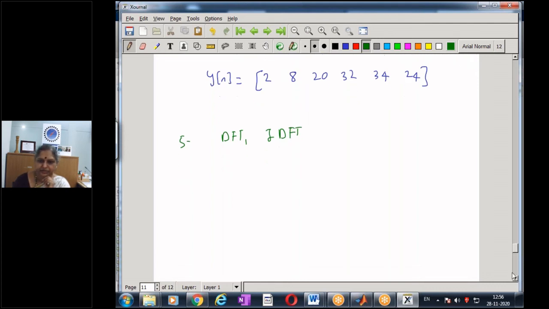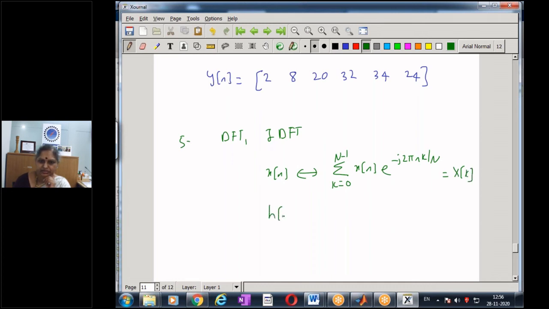If I am given a sequence xn, the N-point DFT is given by the sum over n equal to 0 to N minus 1 of x of n e to the power of minus j 2 pi nk by N, and this is known as X of k.